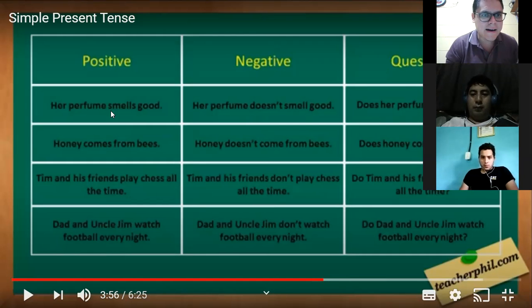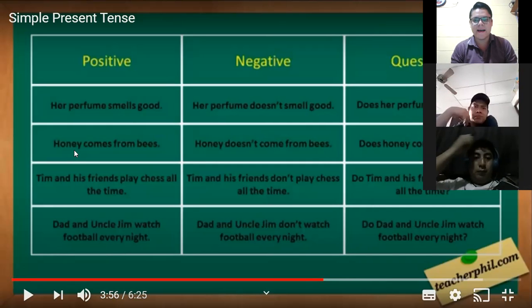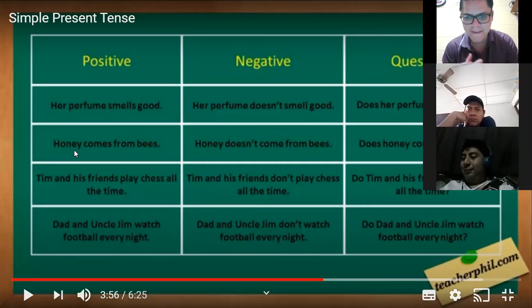Another positive sentence. Honey comes from bees. What's the meaning of honey? Miel. Yes, honey comes from bees. Honey is Winnie Pooh's favorite food. So honey comes from bees.